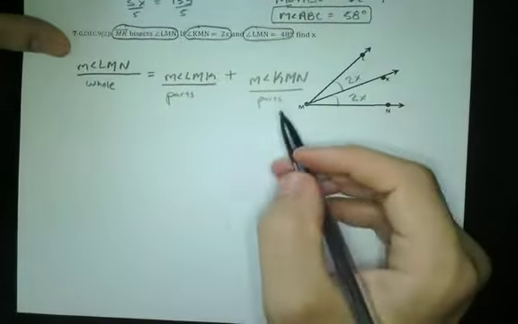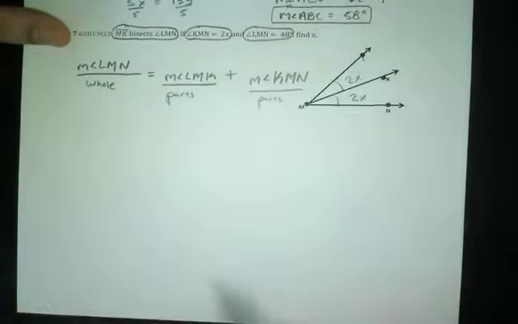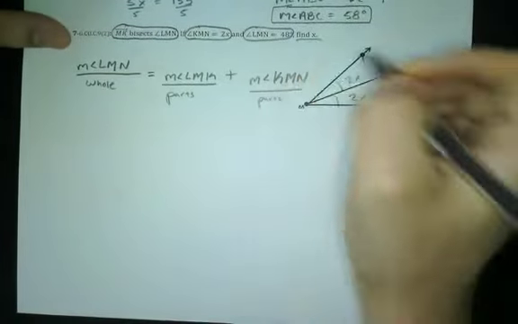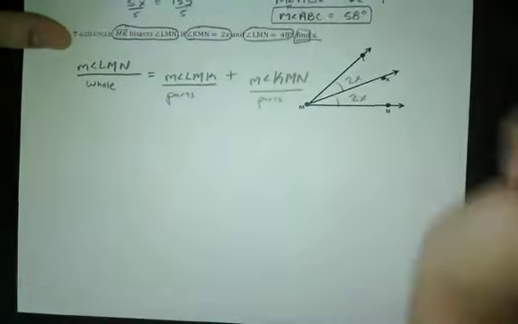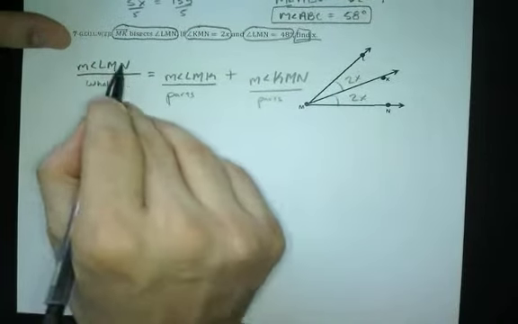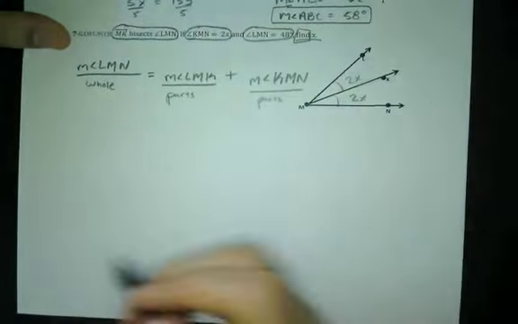I'm now going to take the information that was given to me in the problem. So I need to find the value of x, right? The measure of angle LMN, I was told, is 48 degrees.